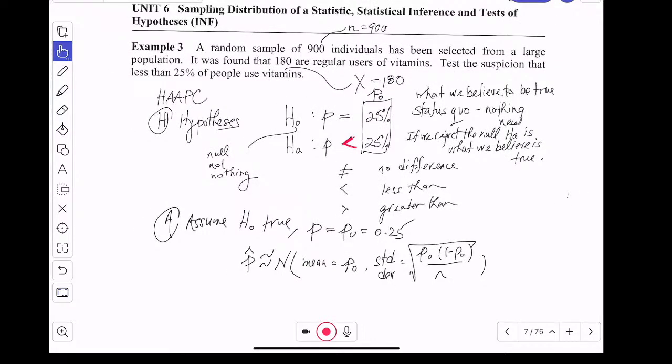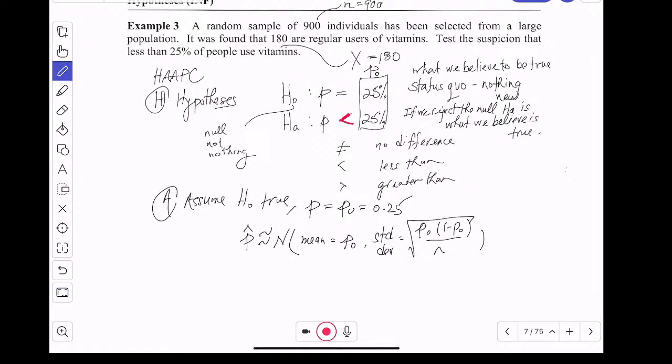But right now, what we have to do is simplify this so that P hat is approximately normal with a mean of 0.25 and a standard deviation, if you plug that in, of the square root of 0.25 times 0.75 divided by 900. You should practice punching that in to be clear how to do that on whatever calculator you're using.